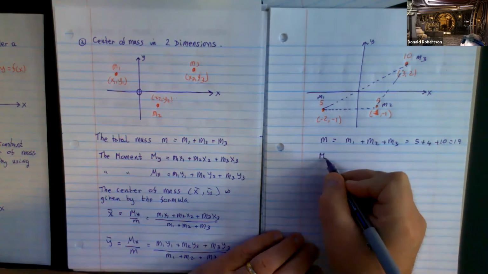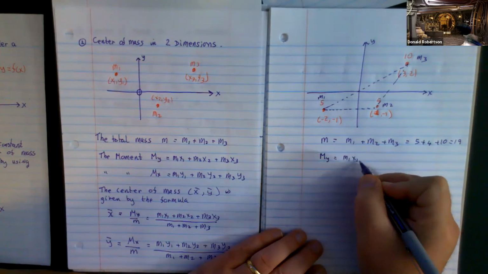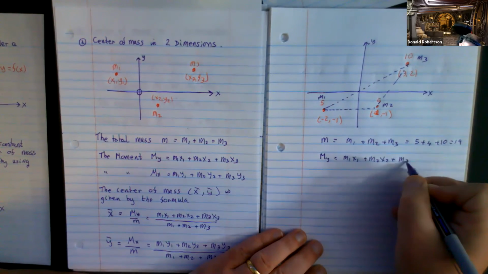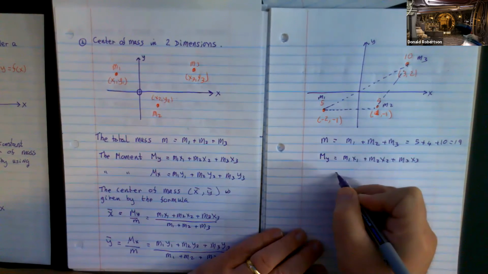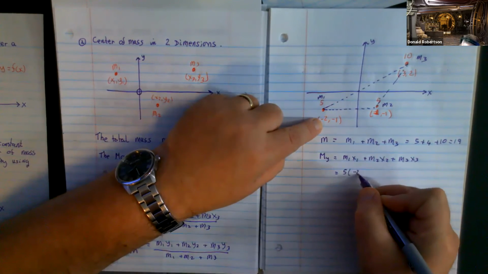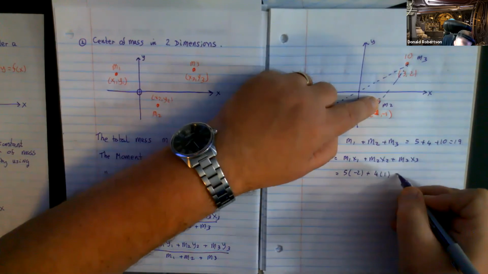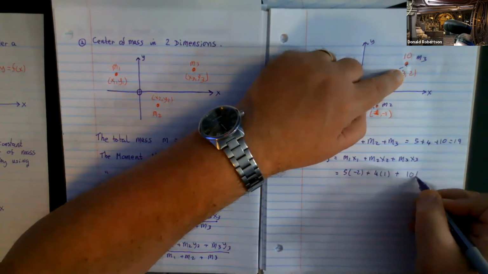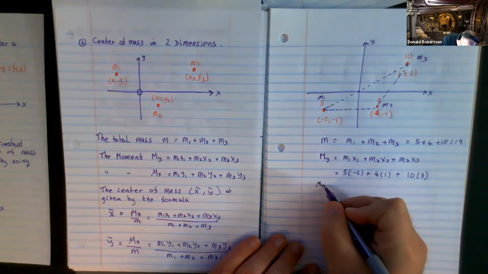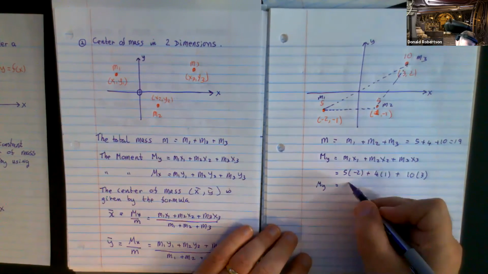The moment My is basically made up of all the x's multiplied by the masses. So that's going to be 5 times its x coordinate plus 4 times its x coordinate plus 10 times its x coordinate. And that's what, -10, 24, I believe.